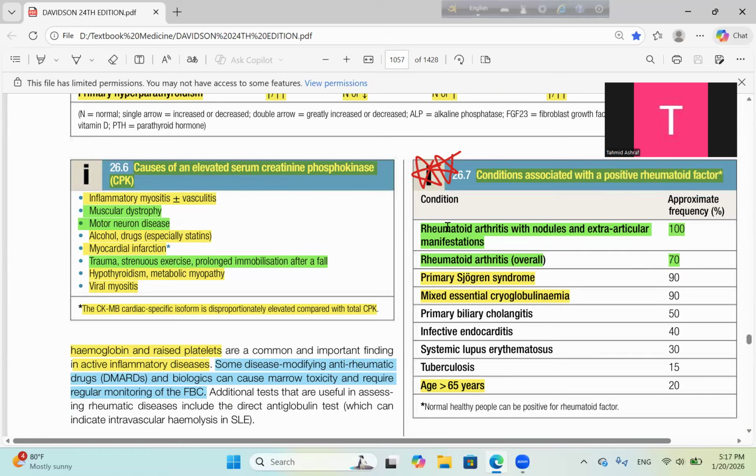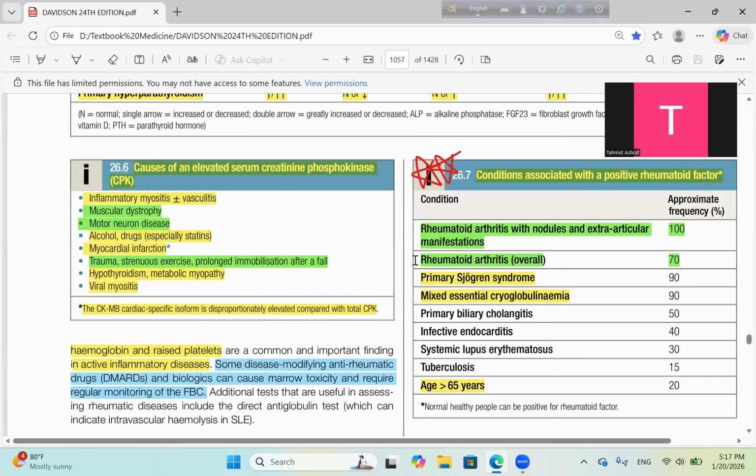Rheumatoid arthritis with rheumatoid nodules and extra-articular manifestations: in this scenario, rheumatoid factor will always be positive, 100% of the time. Not every case of rheumatoid arthritis, but if all these features are present, then in every such case rheumatoid factor will be positive.